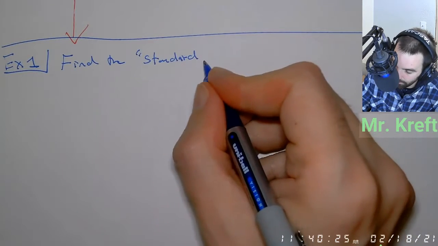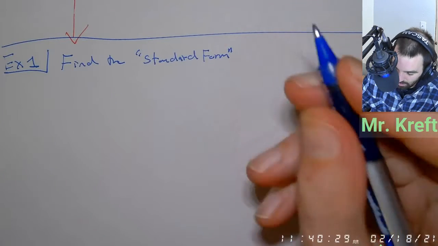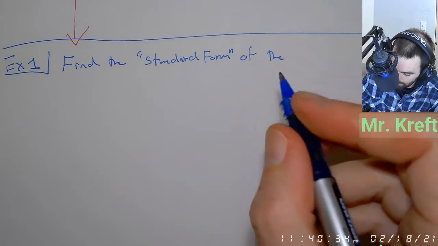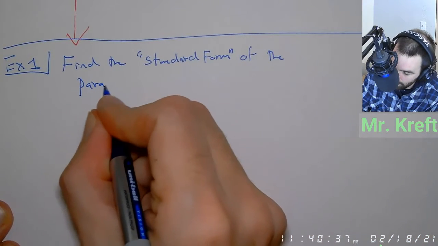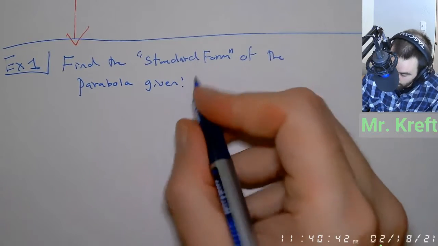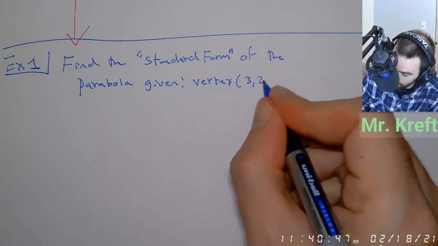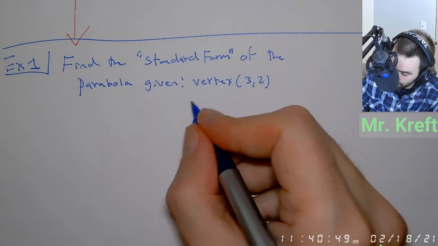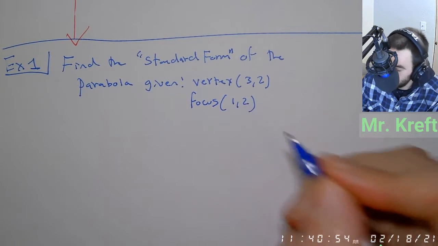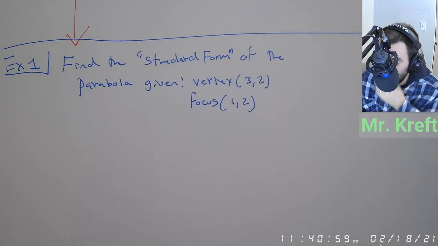They call it the standard form, but it's really the standard conic form of the parabola, given that the vertex is (3, 2) and the focus is (1, 2). Okay, so this is going to be the first thing we're going to do.